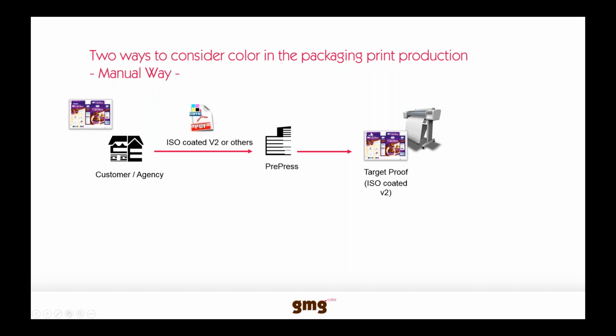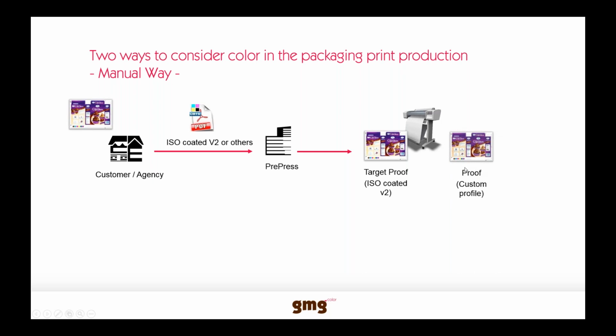But this is not really showing what we will print later on, because, as mentioned at the beginning, this is offset on coated paper, and it's not flexo on transparent film with white backing and so on. It's really just offset on coated paper. So in most cases they have a proof profile. They made a test print at the print shop, measured it, and created a proof profile.